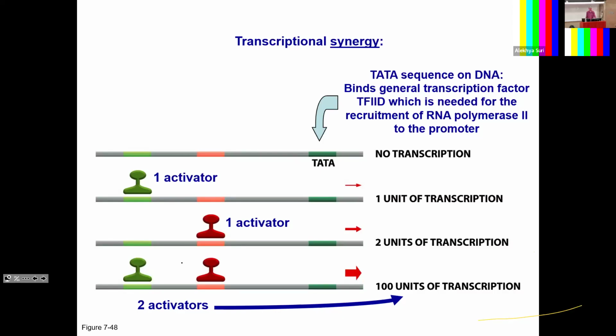There would be another one binding at some other site; we also have a little bit of transcription. But if there are two activators or multiple activators coming together, we have a synergistic increase. It's not a linear increase, it could be like an exponential increase in transcription activity. So it's called transcriptional synergy.